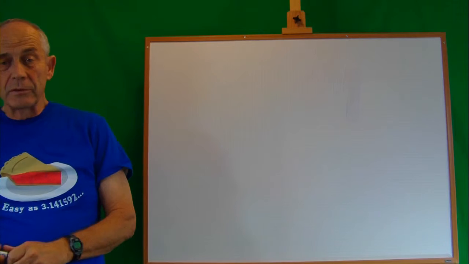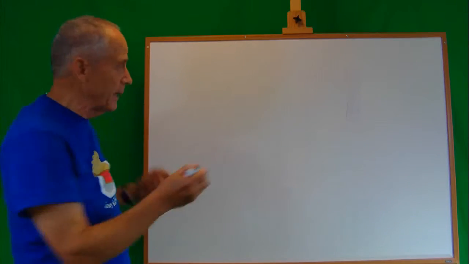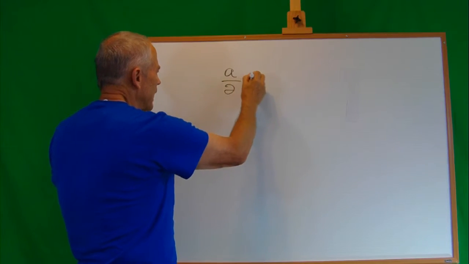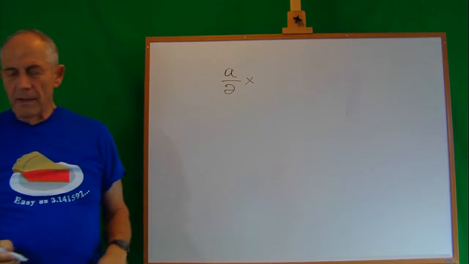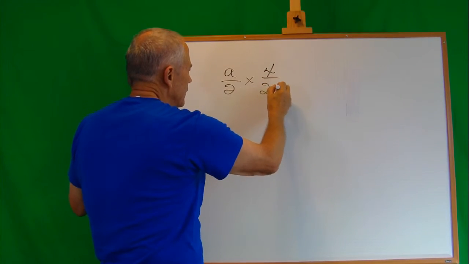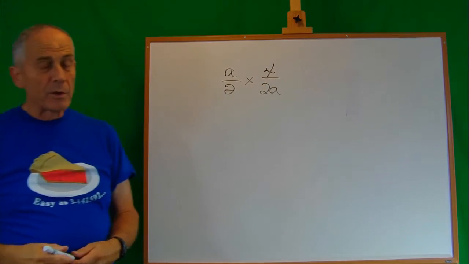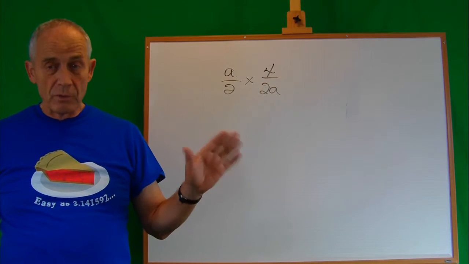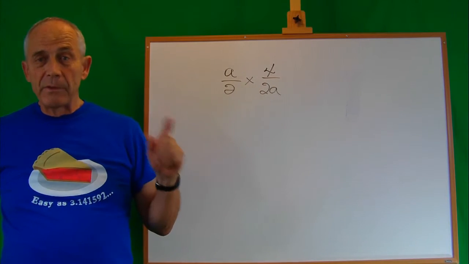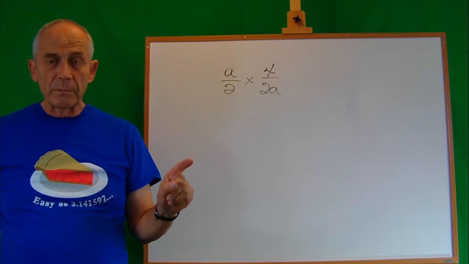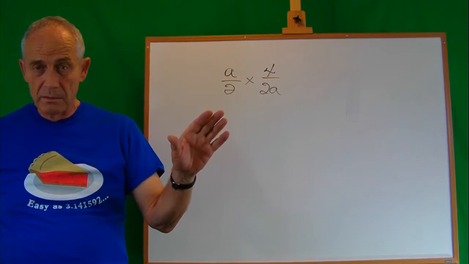Fractions are fractions, and so if I have a problem like this, a divided by 2 times 4 over 2a. What you have to tell yourself is we're multiplying fractions here. And then we remember what we do. What's the first thing we do when we multiply fractions, if we're smart?